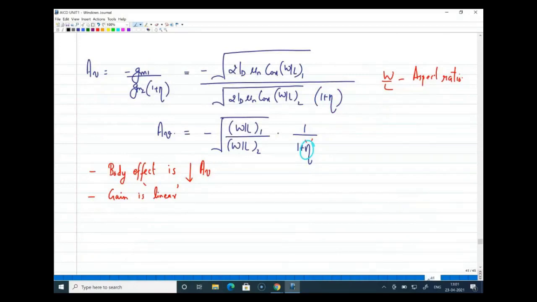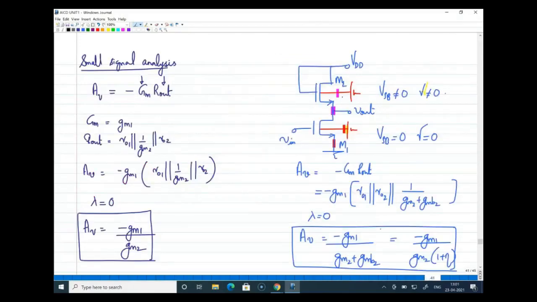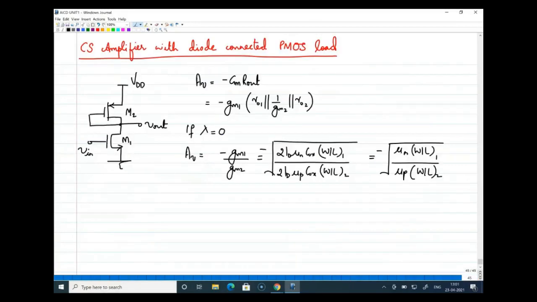Moreover, since the load was NMOS, body effect was there, and due to body effect you got the eta term. But now body effect is not there, because the body should be connected to the highest potential in the case of a PMOSFET, so there is no body effect, but you are left with mu n and mu p terms within the voltage gain.